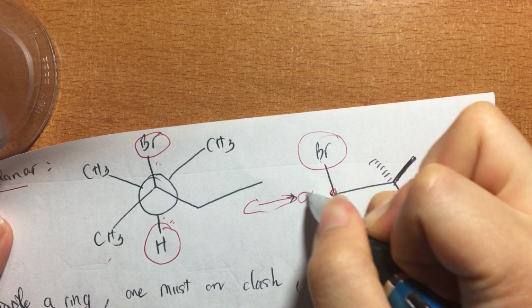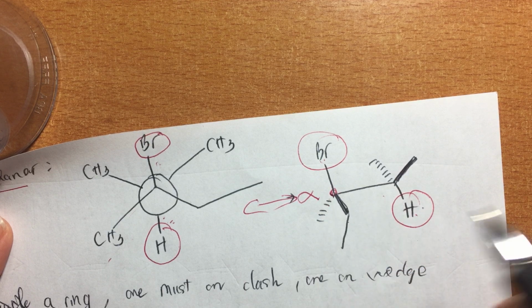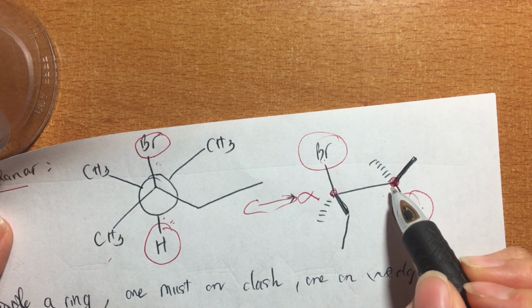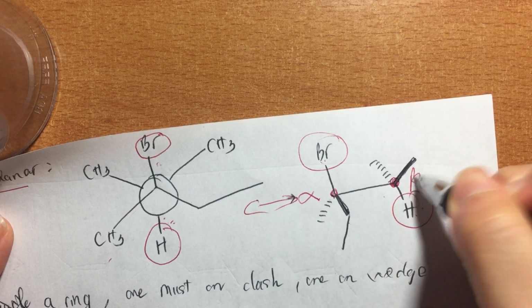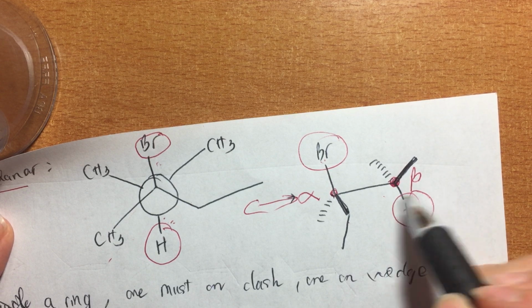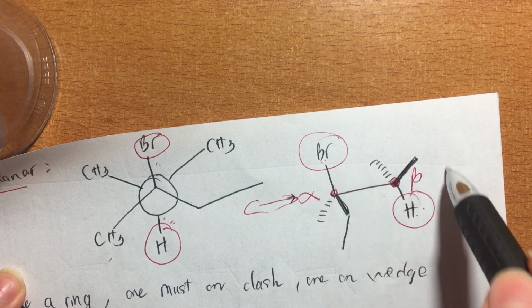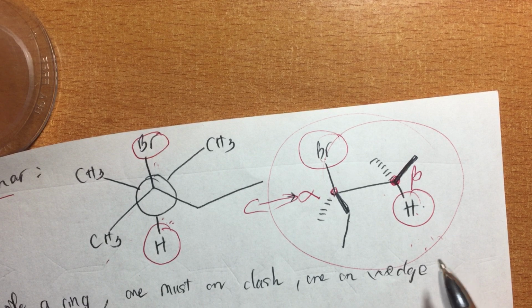This is the Newman projection, and this is the wedge and dash configuration, but they are the same. So we see the bromide and hydrogen in opposite positions. The second thing is that this hydrogen is the only hydrogen in the beta position. The alpha position is the one connected directly to the bromide, and the beta position is the one that connects indirectly through the alpha position. In our beta position, we have only one hydrogen. This signifies that this could be an E2 reaction with a stereospecific product.